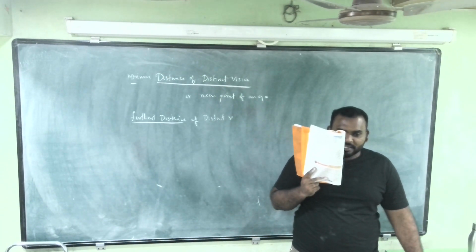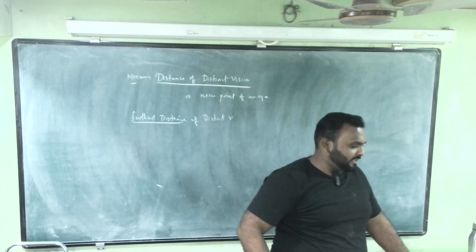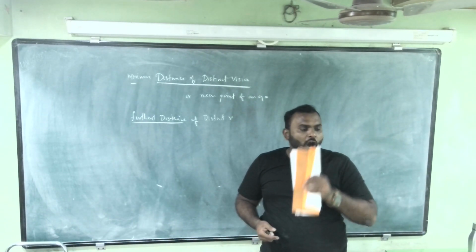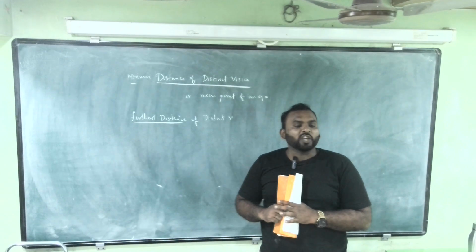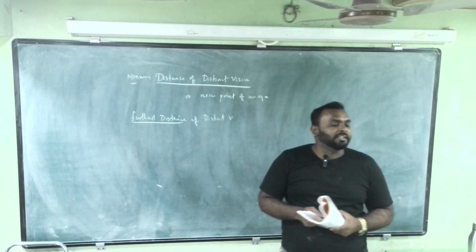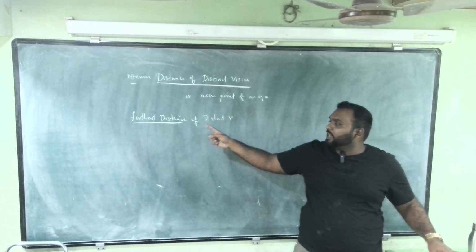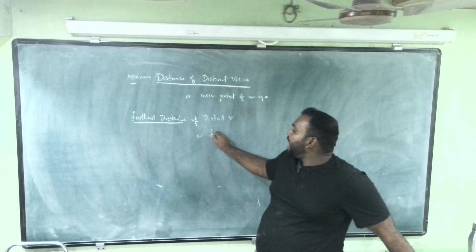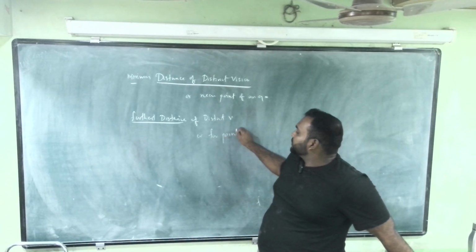The nearest distance and the farthest distance. So the farthest distance of an object from a normal human eye at which an object can be seen clearly and distinctly without any stress on the eyes is called what? Farthest distance of distinct vision. It is also called the far point of an eye. What is it called?